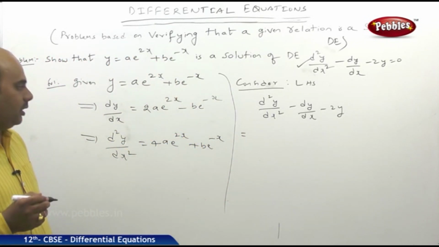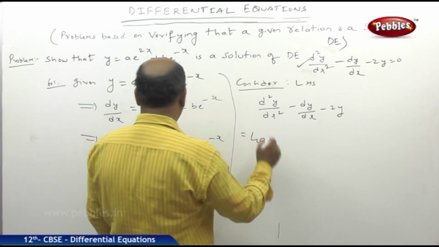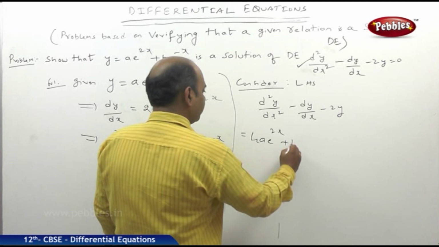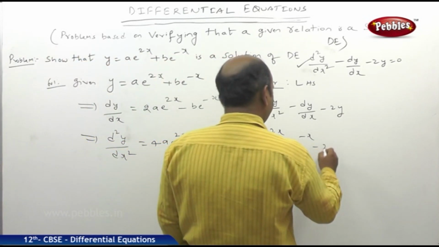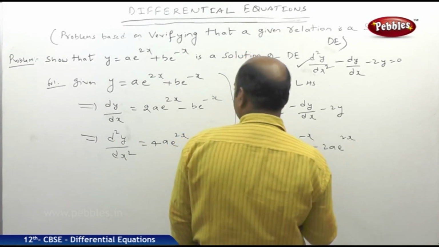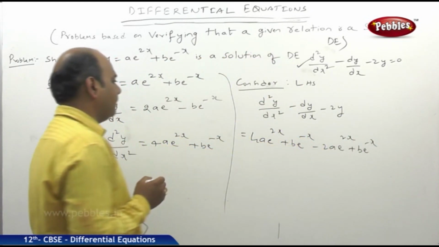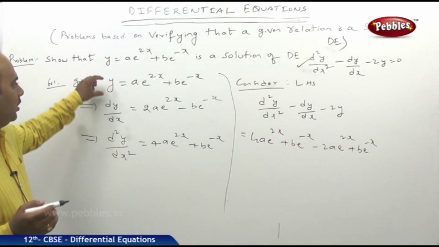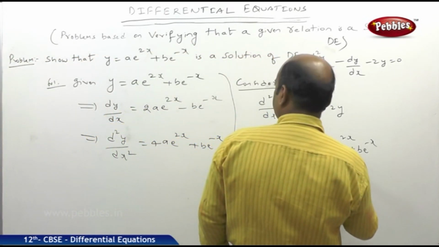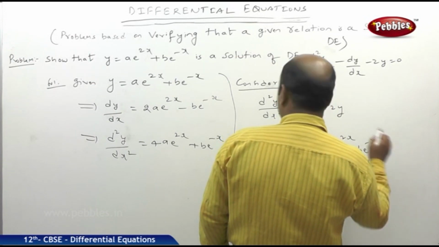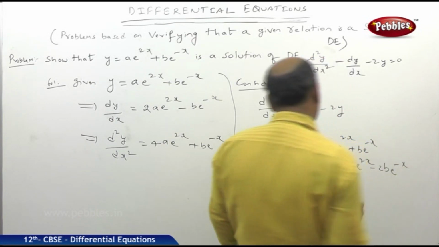So for d square y by dx square I substitute 4a e power 2x plus b e power minus x, and for dy by dx, minus 2a e power 2x plus b e power minus x, and for minus 2y, y should be multiplied with 2. So minus 2a e power 2x and minus 2b e power minus x.